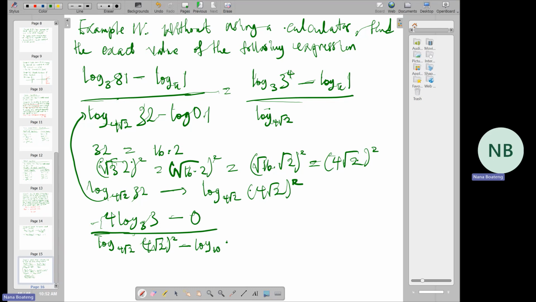And 0.1 is the same as 1 divided by 10, which is also the same as 10 power negative 1.